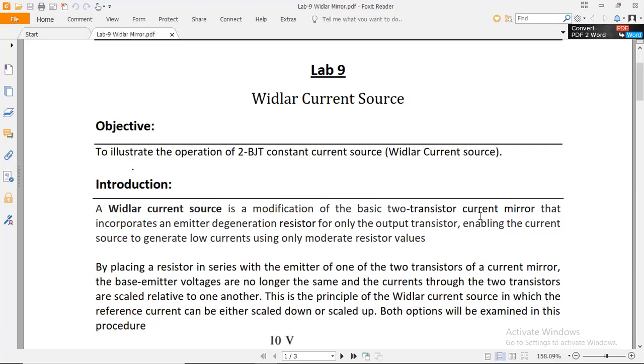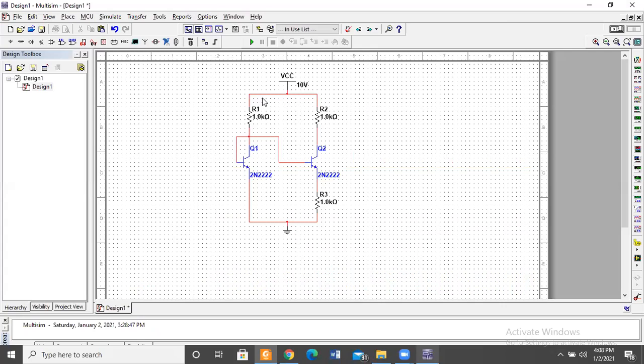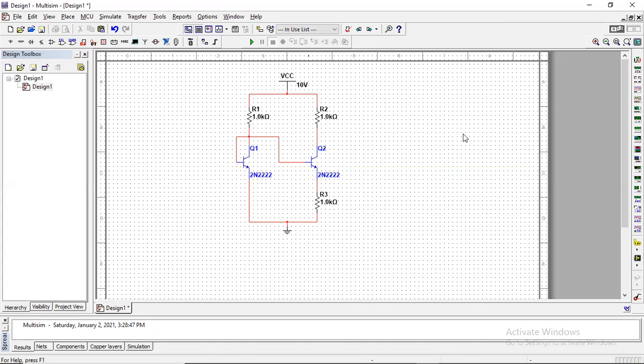In the previous lab 8, we discussed the Widlar current mirror circuit, and today's lab topic is the Widlar current source based on the BJT transistor 2N2222. Already I have done the simulation in Multisim.